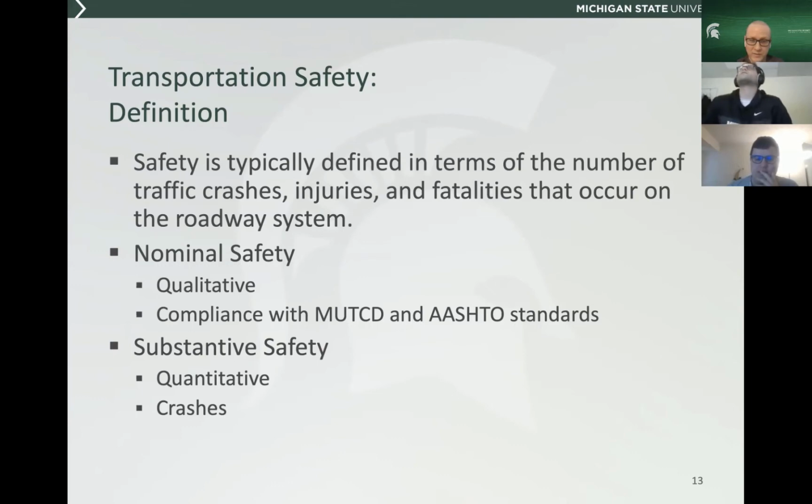And if you don't meet these minimum standards, you have to seek a design exception. So basically you would need approval from the FHWA if you're constructing or reconstructing a road that doesn't meet those. For example, that would include things like stopping sight distance, clearance height, structural loading capacity of the roadway. So just minimum things that have to be met as an example.